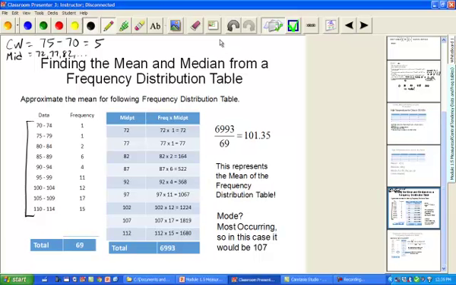Okay. So if we don't know what the data are, what we do is we use the midpoints. Does it make sense that we use the midpoints here if we don't know the data?